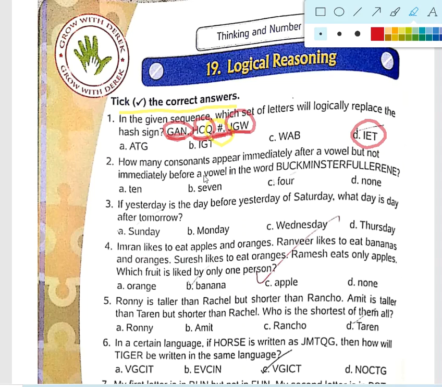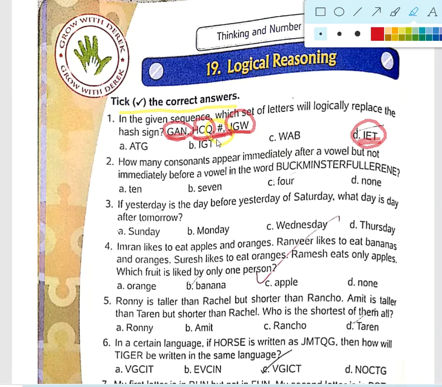So you will count. There is a gap of 6 between these two words. So here also you have to find out which number comes in a difference of 6. Clear? These are the alphabets which come to a difference of 6 from HCQ. So 28 plus 6 is how much? 34.